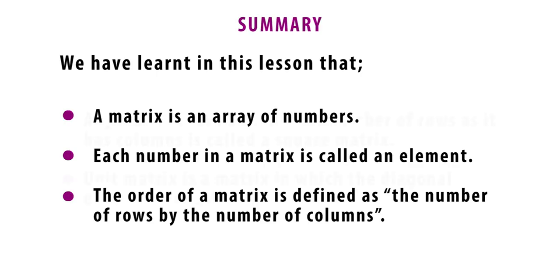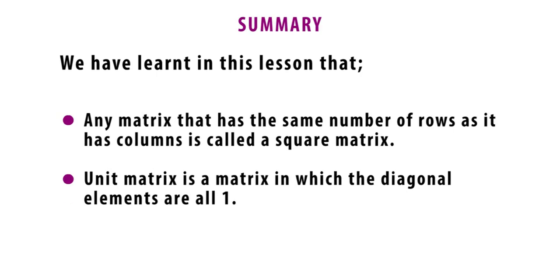Again, that any matrix that has the same number of rows as it has columns is called a square matrix. We also learned that a unit matrix is a matrix in which the diagonal elements are all ones.